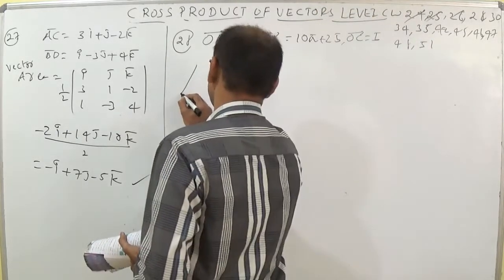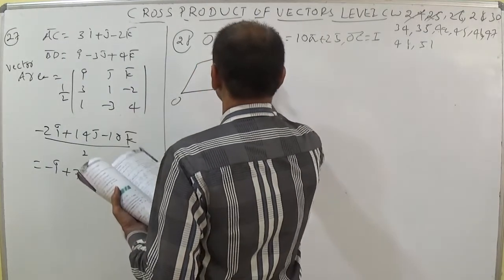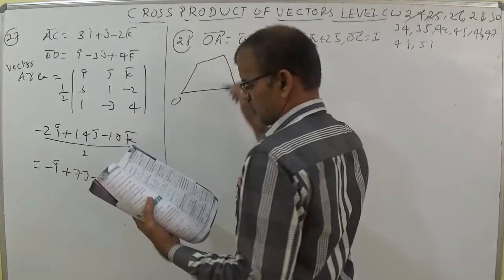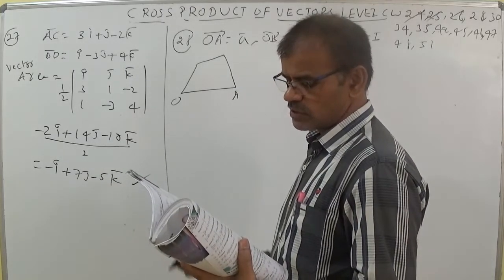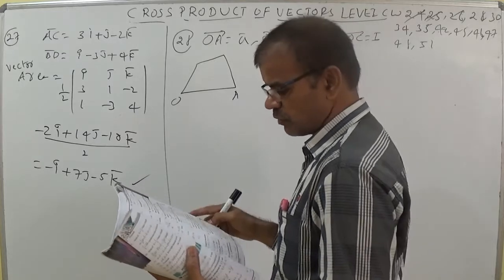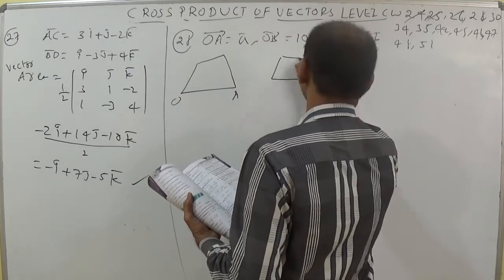Let us draw the rough diagram, OABC. Let P denote the area of quadrilateral OABC and Q denote the area of the parallelogram with OA and OC as adjacent sides.